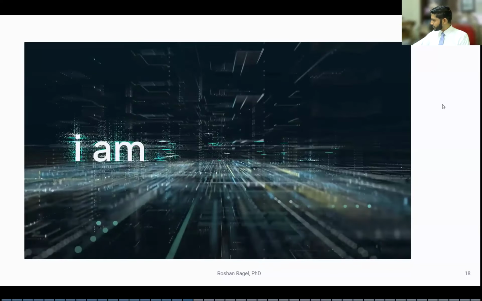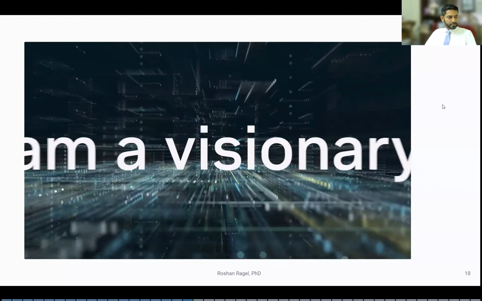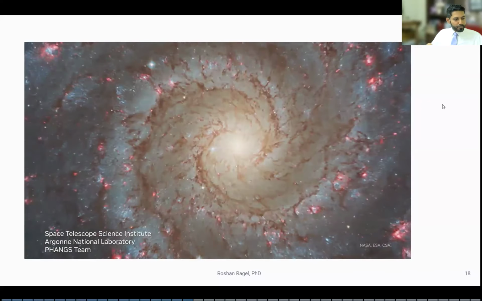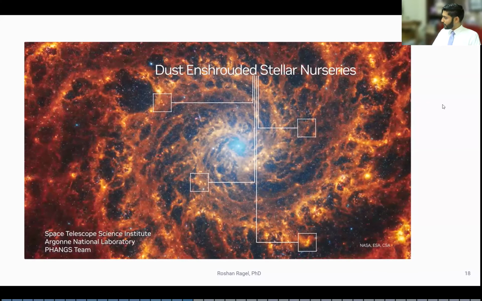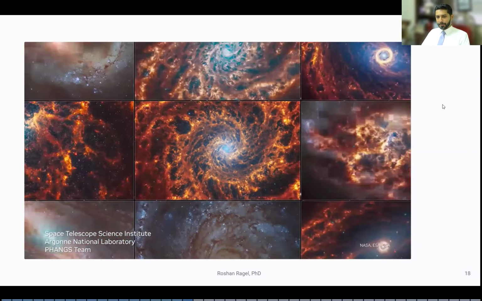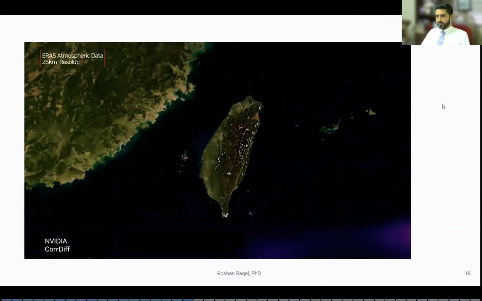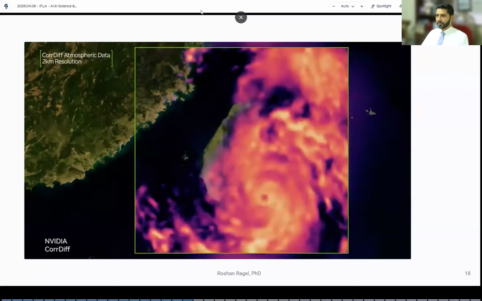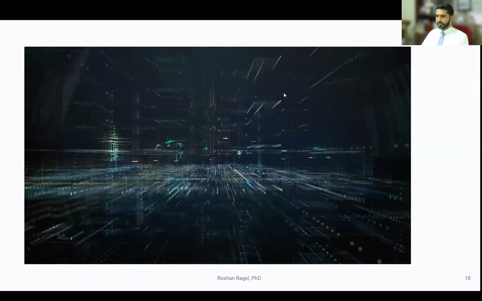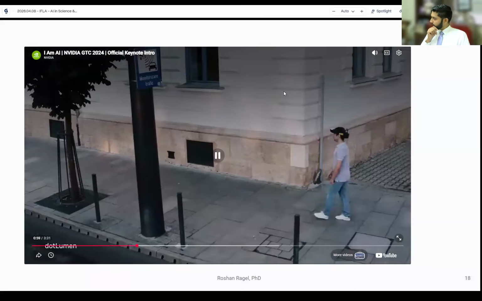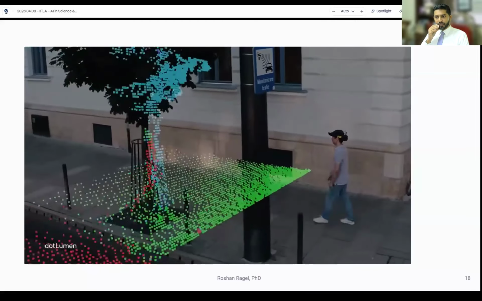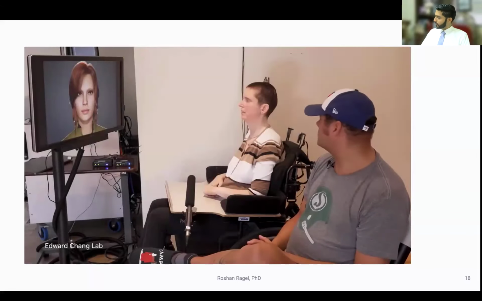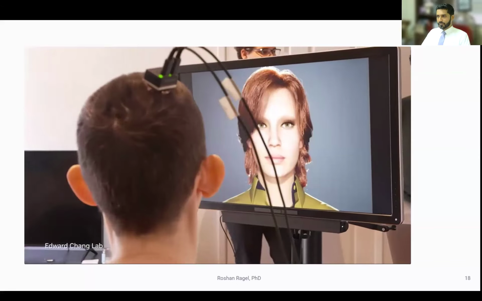I am a visionary. Illuminating galaxies to witness the birth of stars, and sharpening our understanding of extreme weather events. I am a helper, guiding the blind through a crowded world, and giving voice to those who cannot speak.